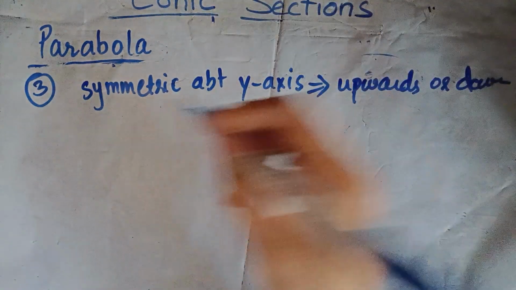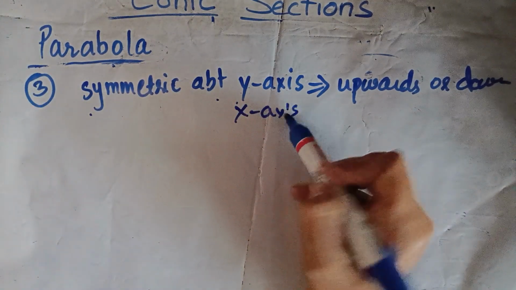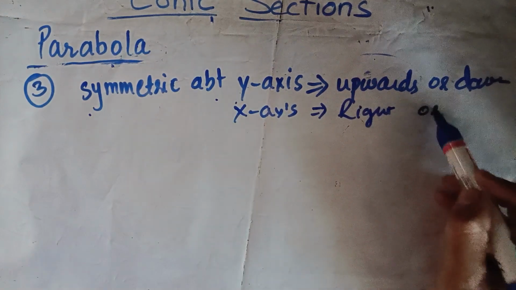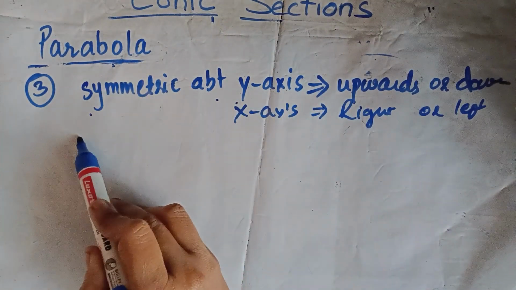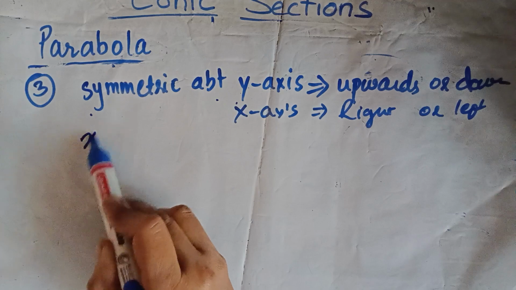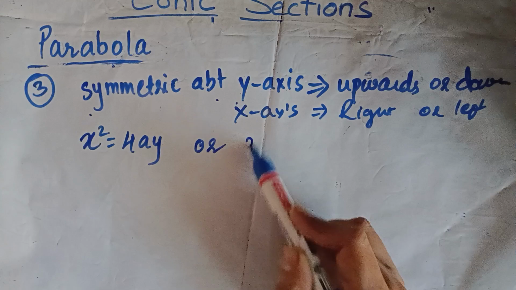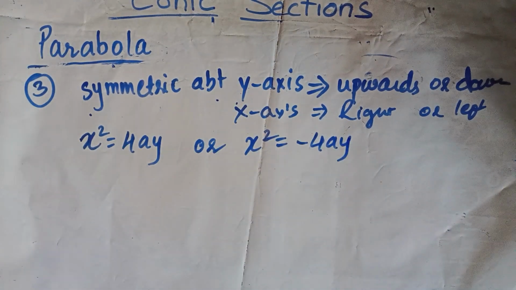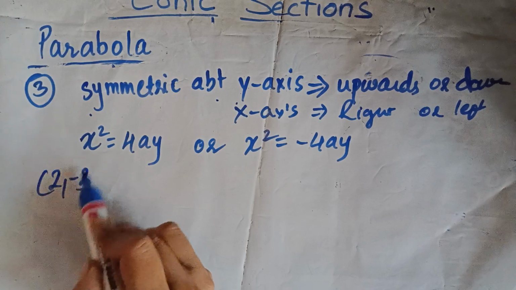If it is symmetric about the x-axis, then the parabola is either right or left. So in this question it is symmetric about the y-axis, so this parabola has an equation x square equal to 4ay or x square equal to minus 4ay. Now they have given that it passes through the point 2 comma minus 3.